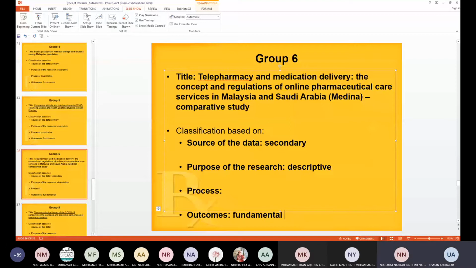Because we want to describe what telepharmacy is, and how the regulation, the law, is related to that. It's just facts or concepts, not really application. That's from my point of view. Okay, fine.